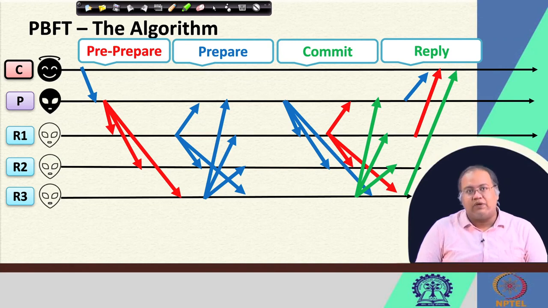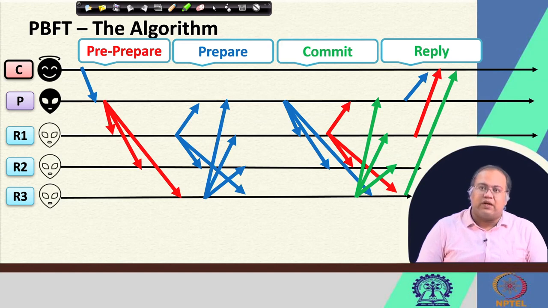So, this is the third round of PBFT. The commit messages are broadcast from the primary as well as all the replicas, rather all the correct replicas. Once all the replicas and the primary receive 2f+1 commit messages and the quorum gives the consensus view, that consensus information is sent as a reply to the client.